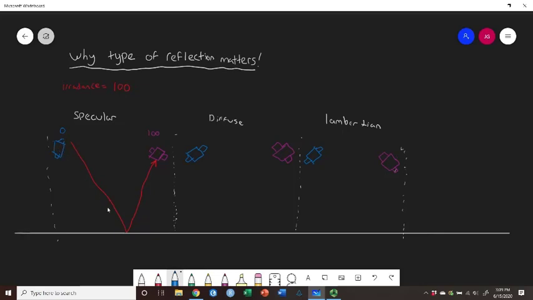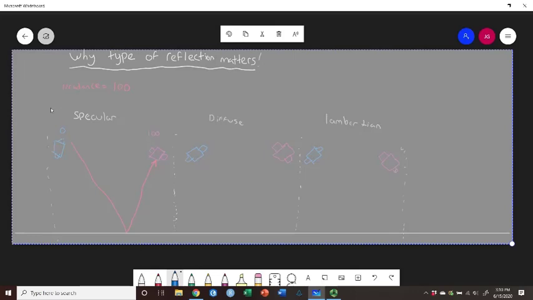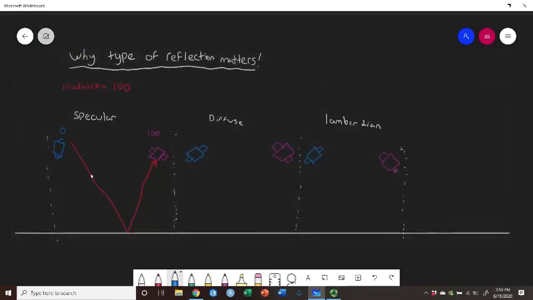So even though we're looking at the exact same thing, this would get a measurement of 100, and this would get a measurement of 0. So you can already see from specular reflection especially that it really does affect the measurement, because you have a satellite over here measuring nothing, because all of the radiance is being directed at this sensor here.